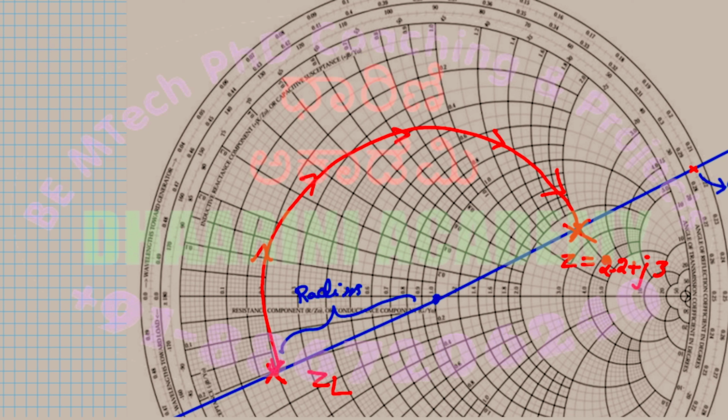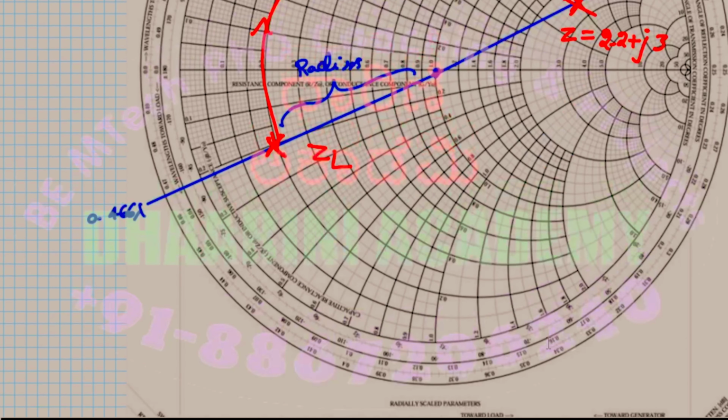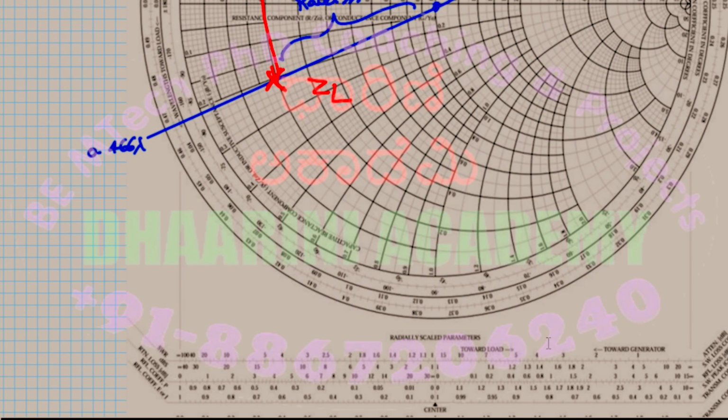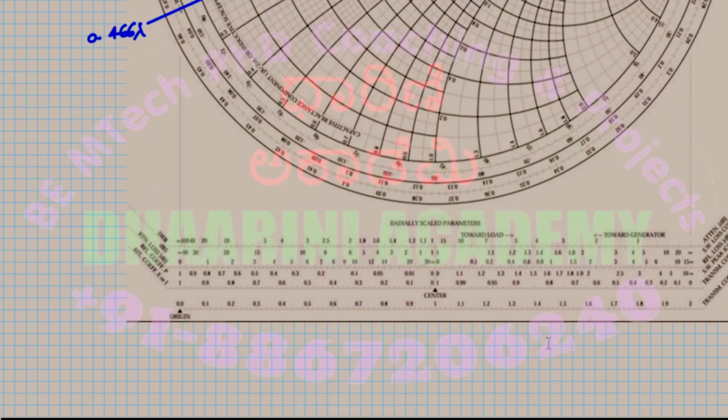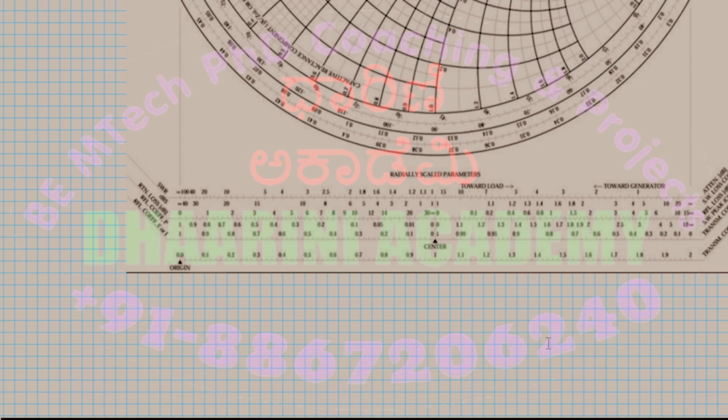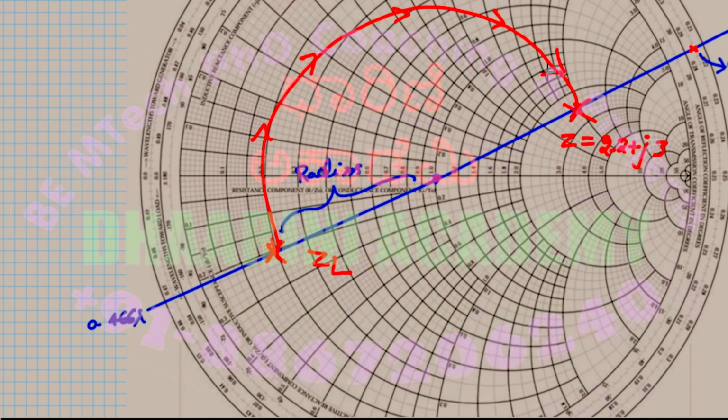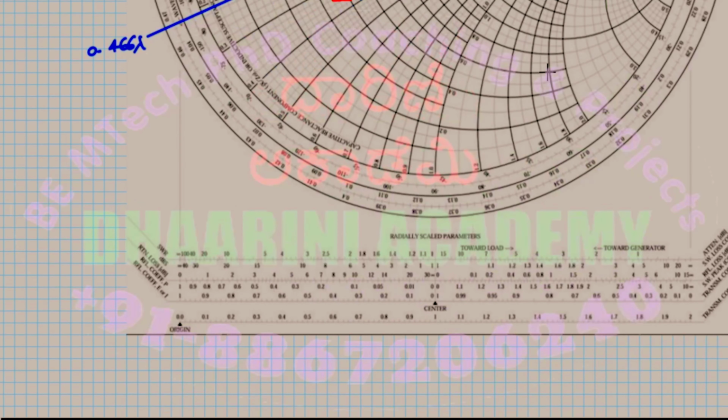So the next part of the question is find the VSWR, right? What you have to do is take the same radius, whatever you have right now, that radius you used to draw the circle, and place it on the first scale. So I'll try to measure that from this.